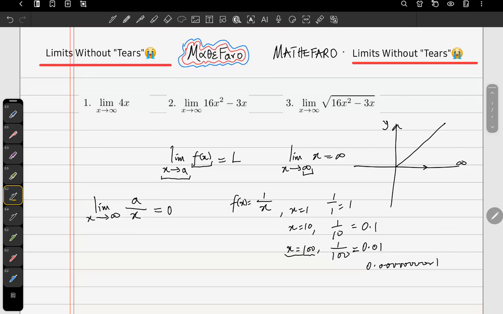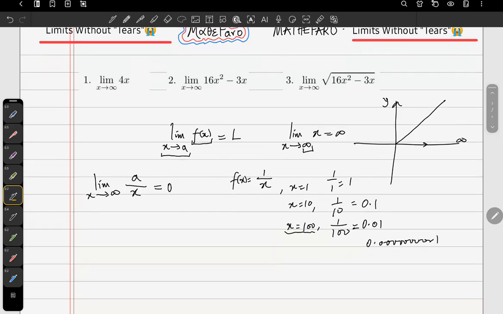On the left-hand side of 0 as well, when x is -1, -10, -100, you just get the negatives of these things: -1, -0.1, -0.0001. All of them are also approaching 0, either from the left or from the right.